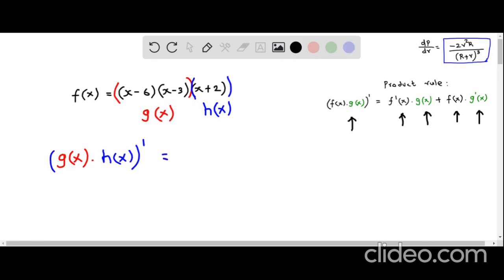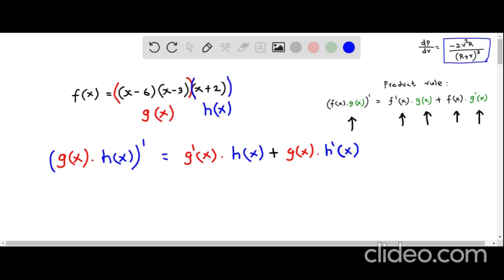When we use this formula, we first write down the derivative of the first function, which is g prime of x times h of x. We then put plus the first function as it is, g of x, times the derivative of the second, which is h prime of x.